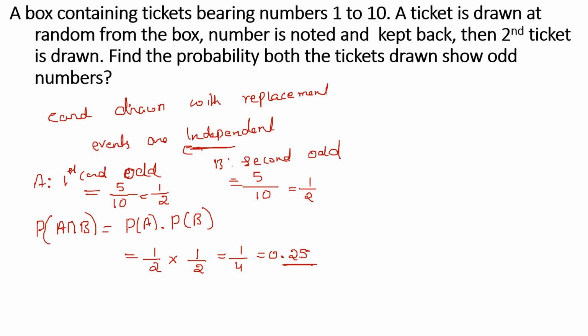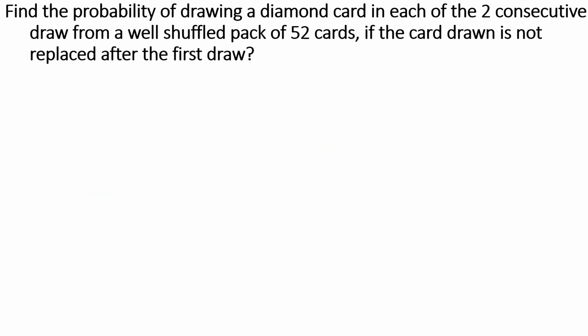Okay, next, find the probability of drawing a diamond card in each of two consecutive draws from a well shuffled pack of 52 cards if the card drawn is not replaced after the first draw. Here cards are drawn without replacement.